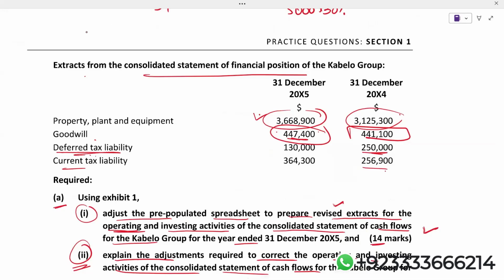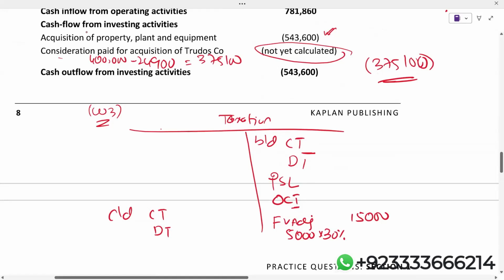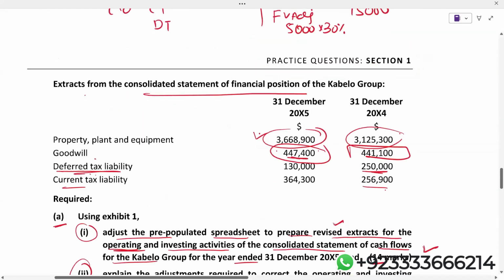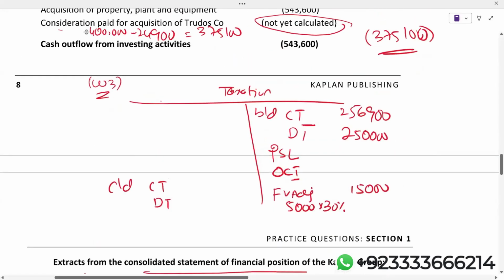Current tax is 2,56,900. CD, deferred tax is 130. Current tax is 3,64,300.